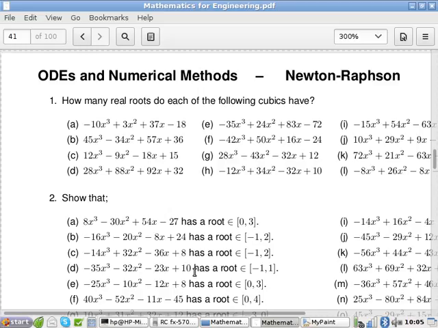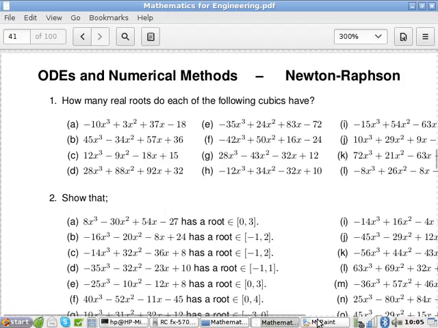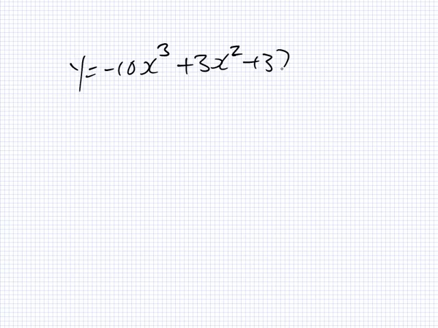Right, so what's the cubic? Minus 10x cubed plus 3x squared plus 37x minus 18. How can we know how many roots this has without having to find the roots?